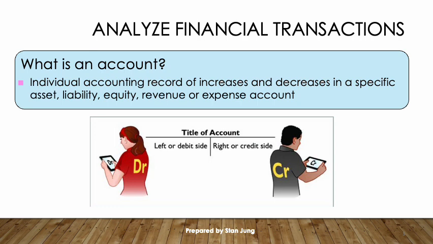In accounting terminology, we're going to consider the left side of the account as the debit side and the right side of the account as the credit side. So instead of talking about the impact on the accounting equation as increases and decreases, we are now going to start talking about it in the context of debits and credits.